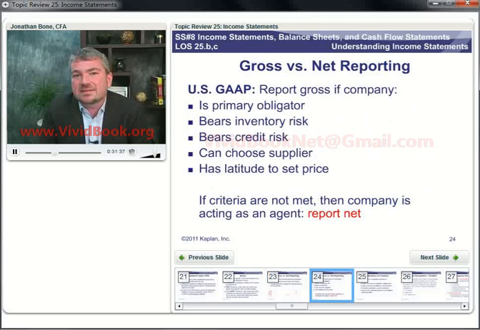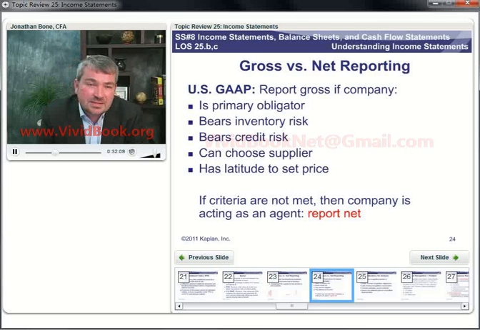US GAAP gives us a little bit of guidance about when we should report gross. Now it says if the company making the sale is the primary obligor, so they have the responsibility with the customer, if they hold the inventory and as a result they bear inventory risk such as obsolescence, if they have the credit risk if the customer doesn't pay, if essentially the merchandising company can actually choose which supplier to fulfill the order, and if we have latitude to set price, then essentially we're going to report gross.